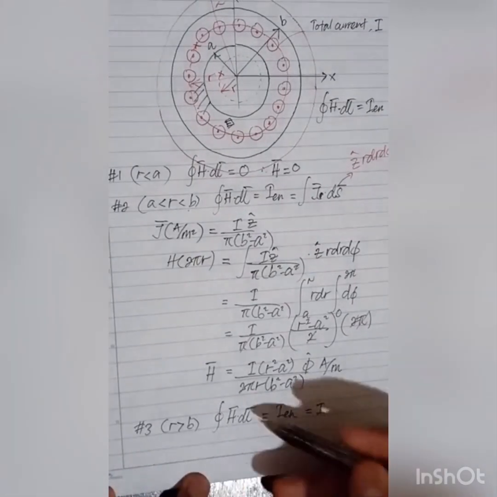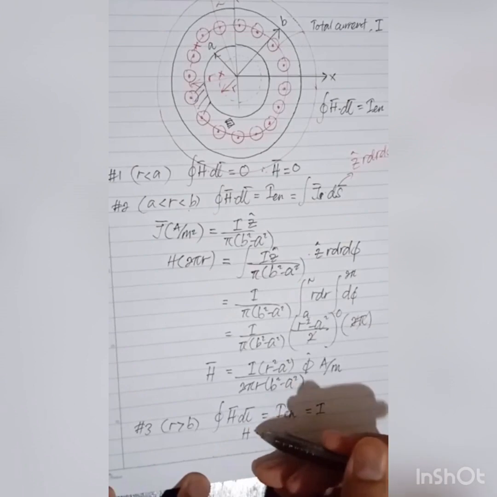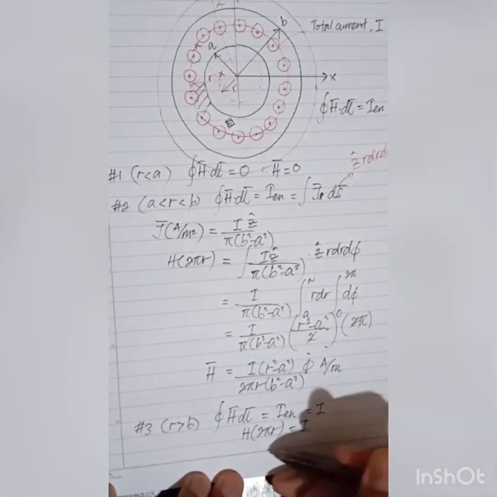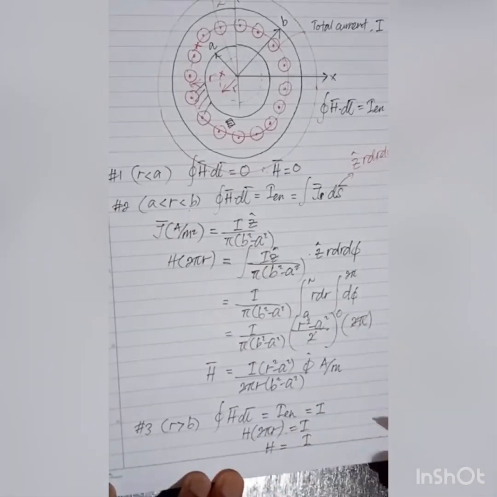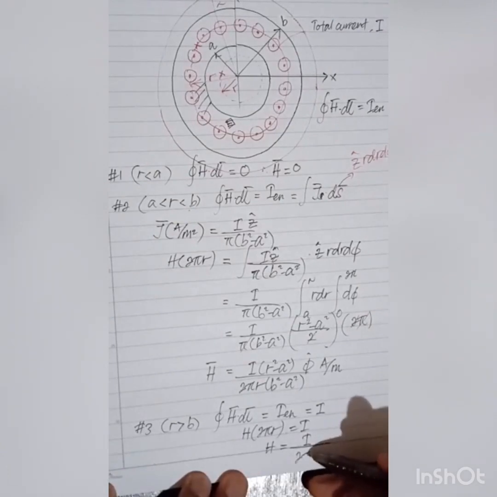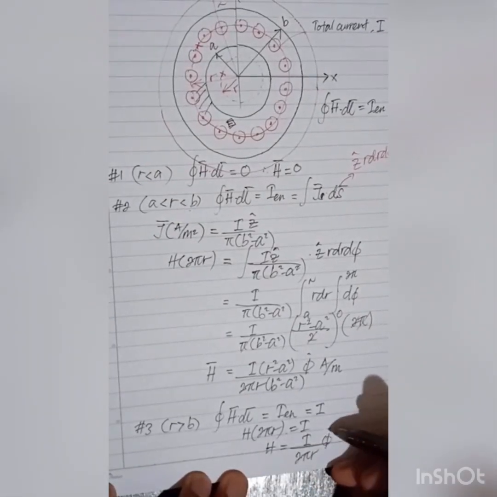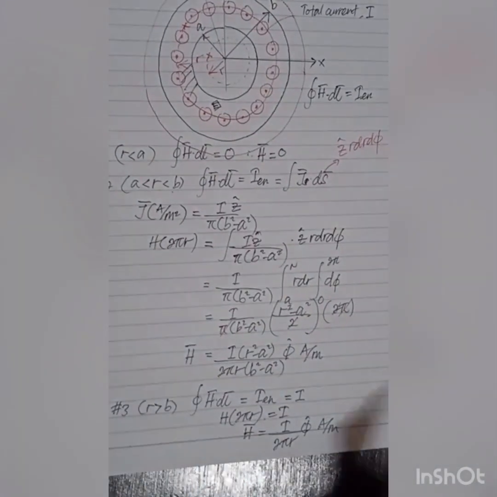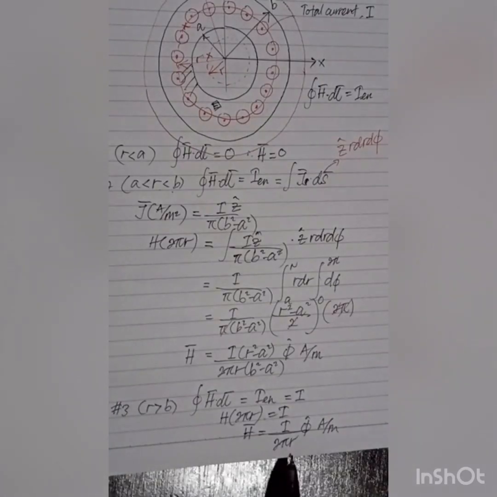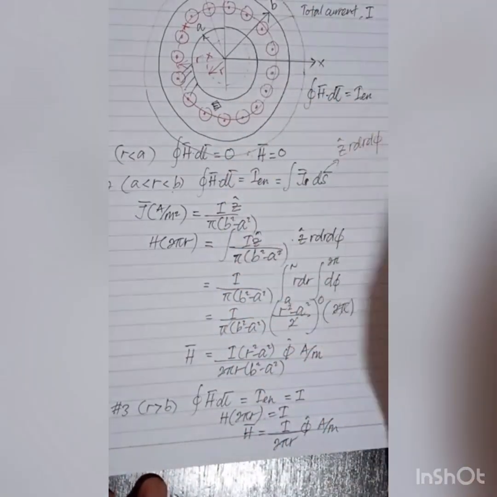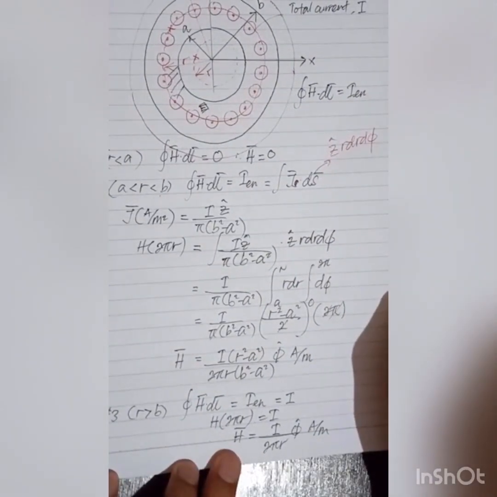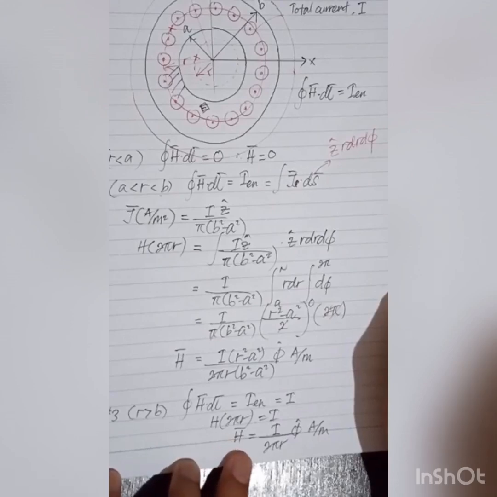So again, you can simply find the H at any point: 2 pi r times H equals I, so the H is I over 2 pi r in the phi direction, ampere per meter. You can see from here, guys, the r is a variable that makes a difference in the H value. If r becomes much larger than the origin, the H will decrease, right? Actually, H and r are inversely proportional.